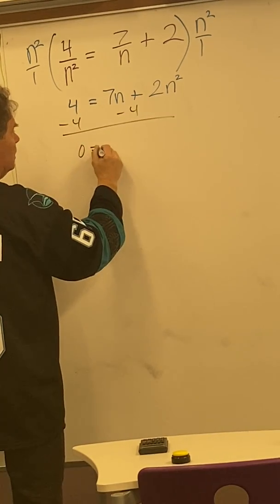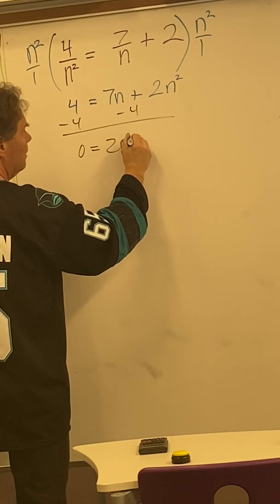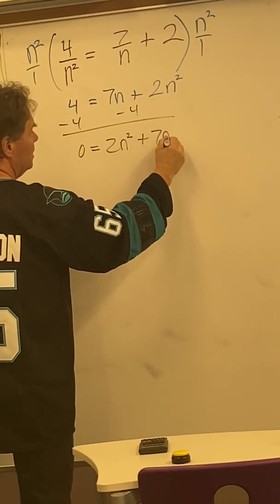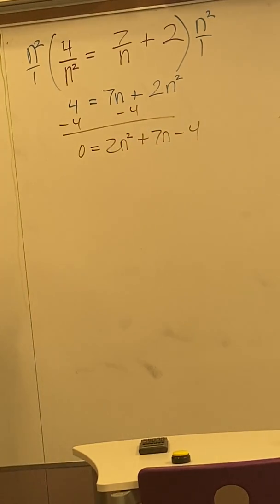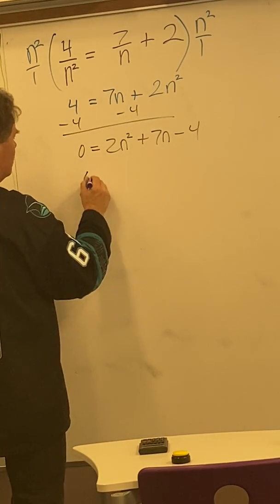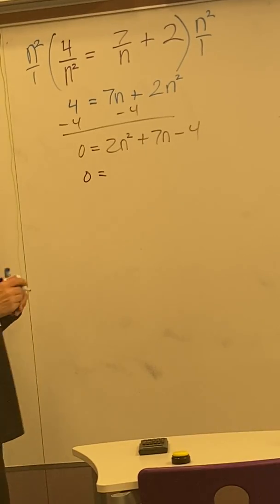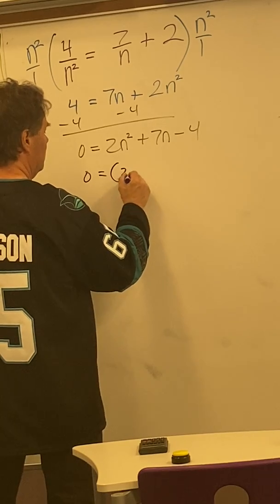We're going to get 0 is 2n squared plus 7n minus 4. So I got it equals 0. Now, I'm going to pray that this thing factors. Please factor, please. If it doesn't factor, I might cry. Okay, let's see if it factors.